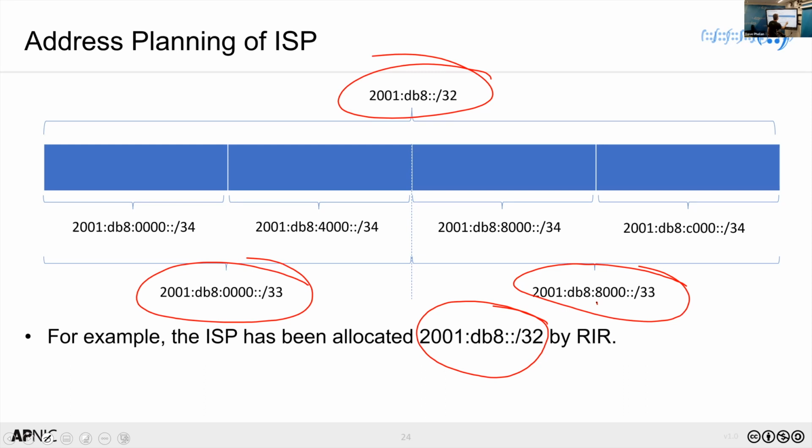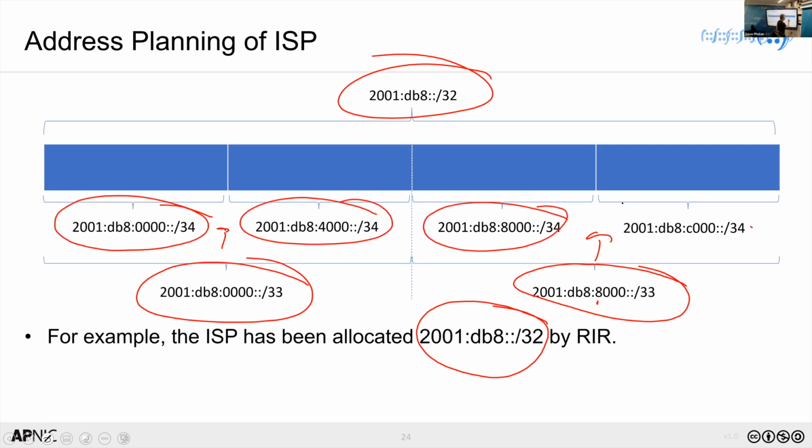Because we're only playing with that nibble there, 0 and 8,000. Then I'm going to take these and slice them up again. So I have 2 /34s and 2 /34s. So I'm zoning them all out to a /34 per region.